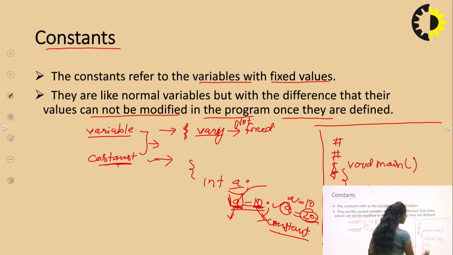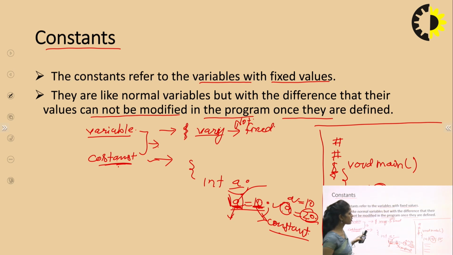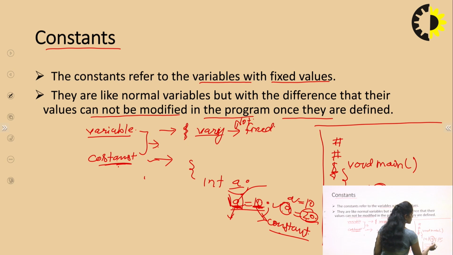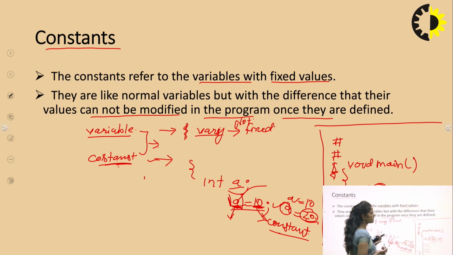In the whole program, a is 10. So it never changes during the whole execution of the program. Once I declare some value for the variable, it will be static, or it will be considered the same any time in the whole program, right?